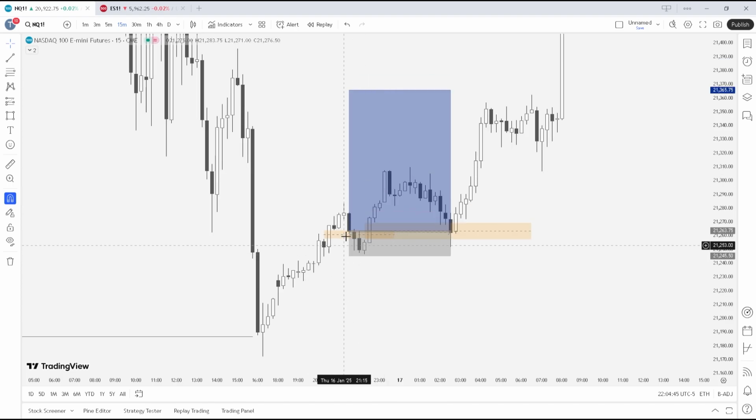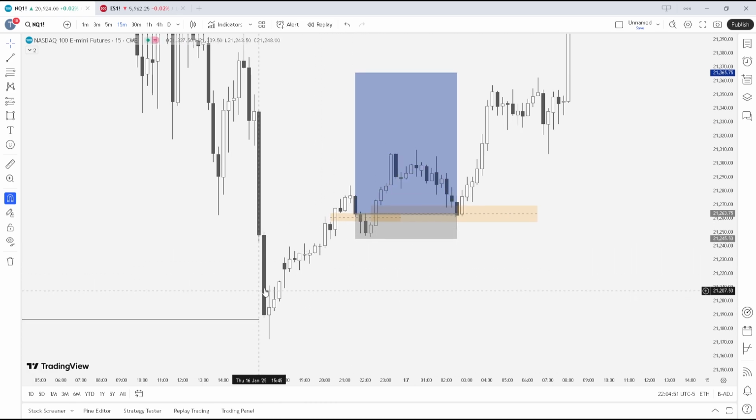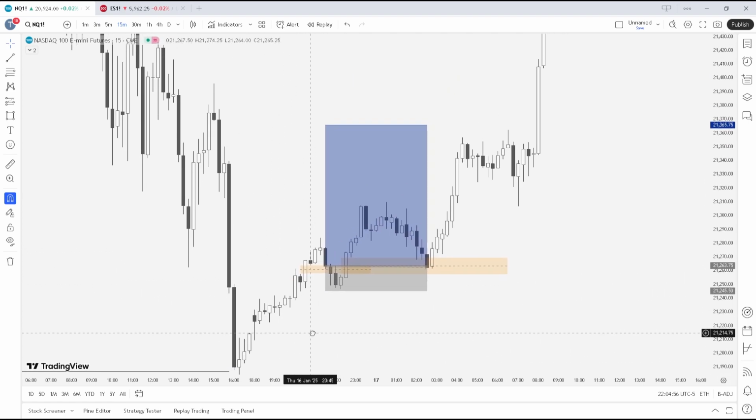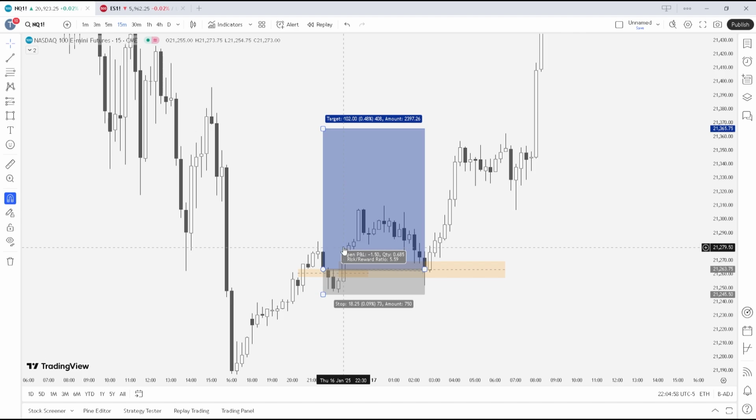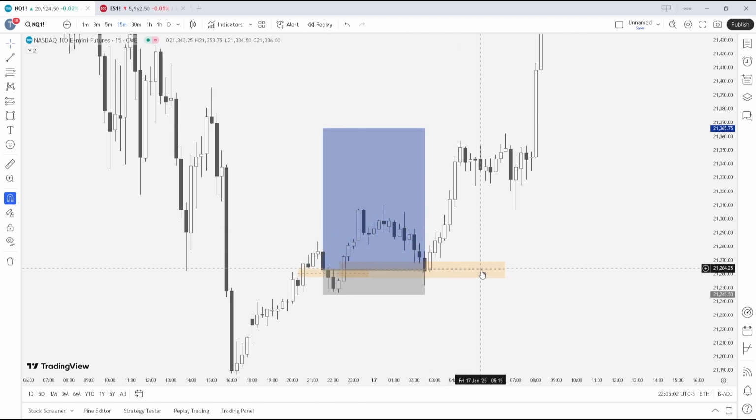This would be a good place to put your stop loss. You could also put it further down, but there isn't really a good place to put your stop loss in this kind of run here. So that's why I would prefer entering a trade on this second fair value gap.